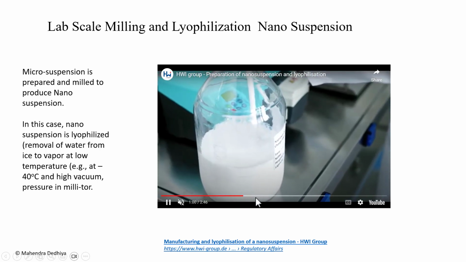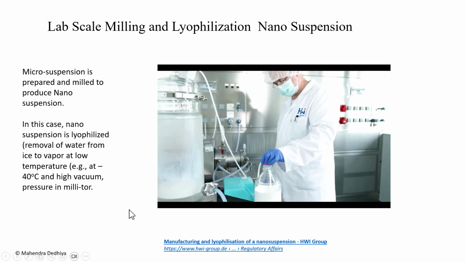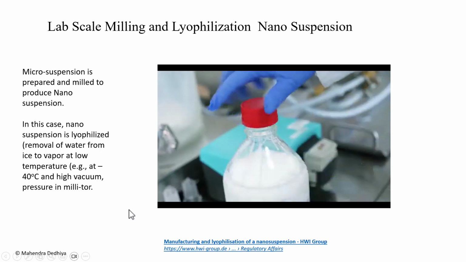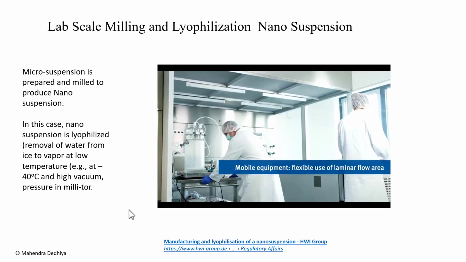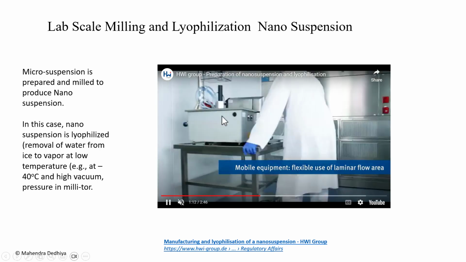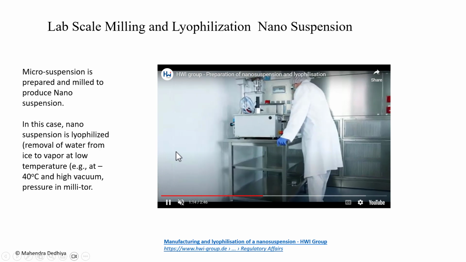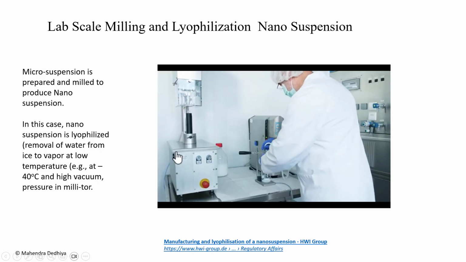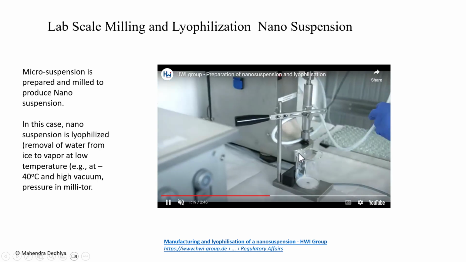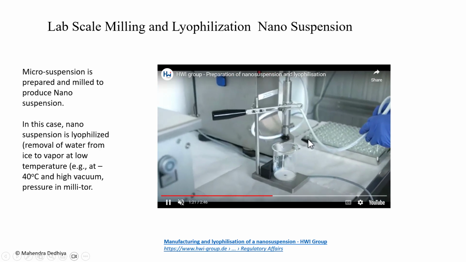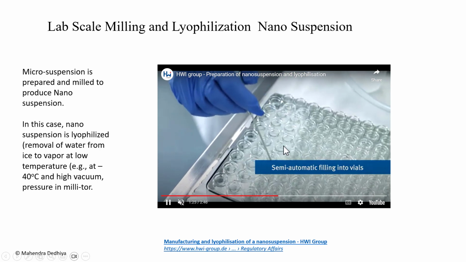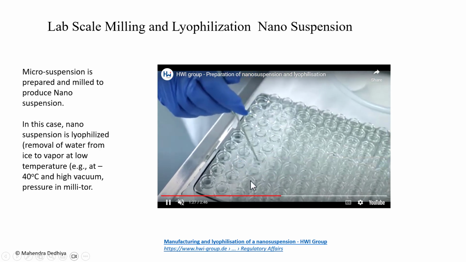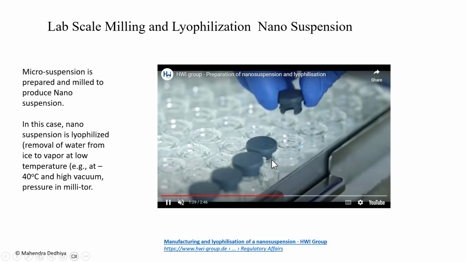So nano suspension is then lyophilized, again on a small scale. This is using laminar flow to avoid contamination. Small filling stations are used. The nano suspension now is poured into small glass vials.